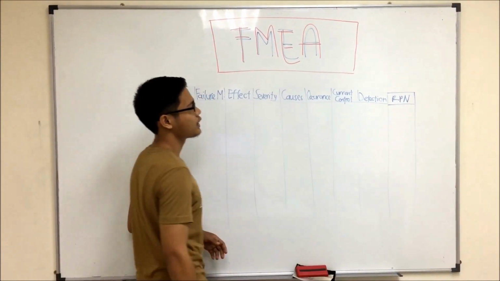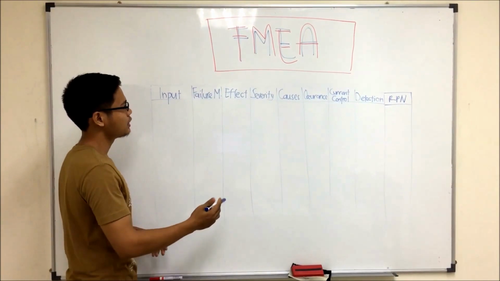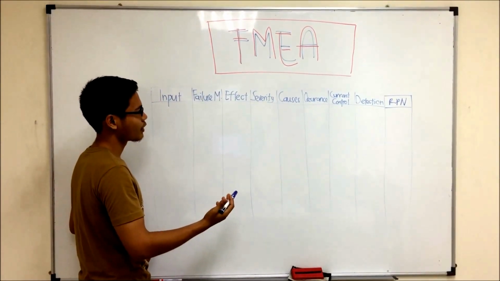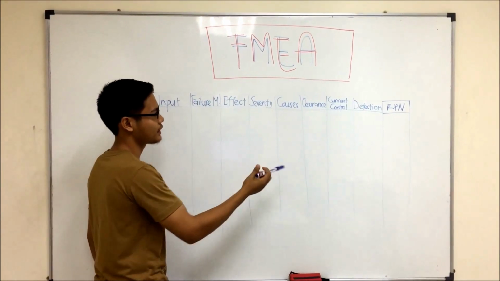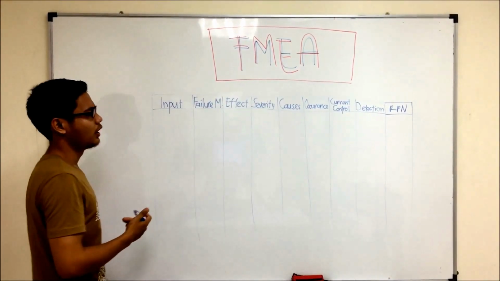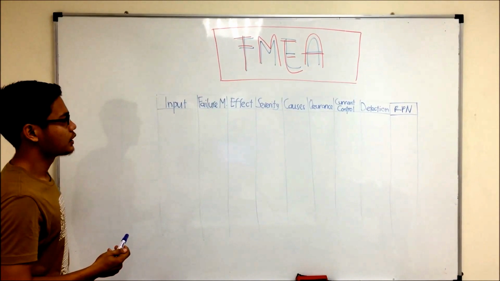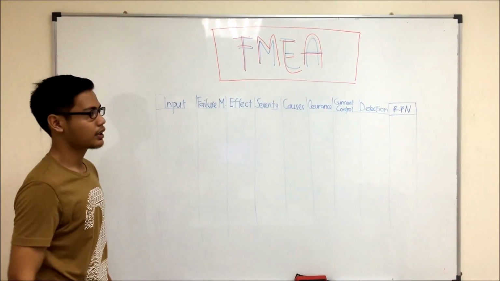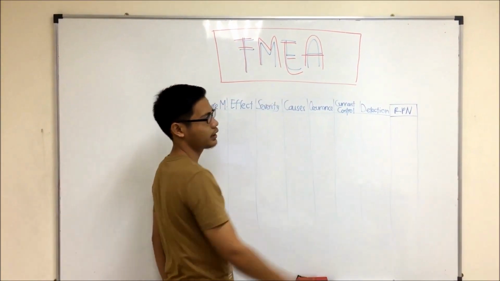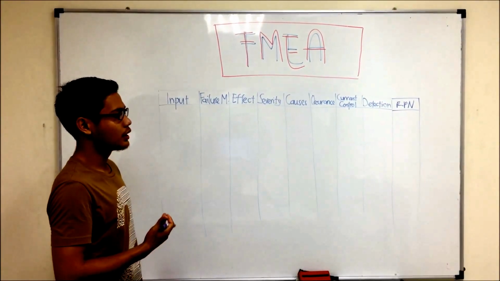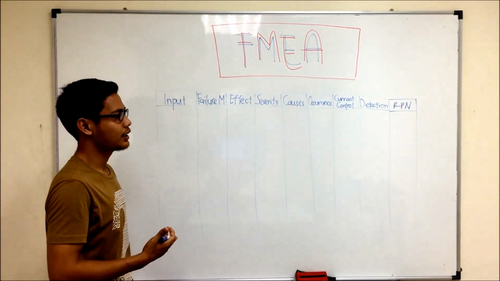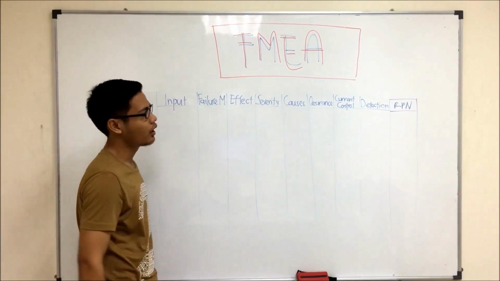And the current control is how we can control the failure mode, and the detection is the rating on how easily the failure mode can be detected. The higher the rating of the detection, the harder the detection of the failure mode.